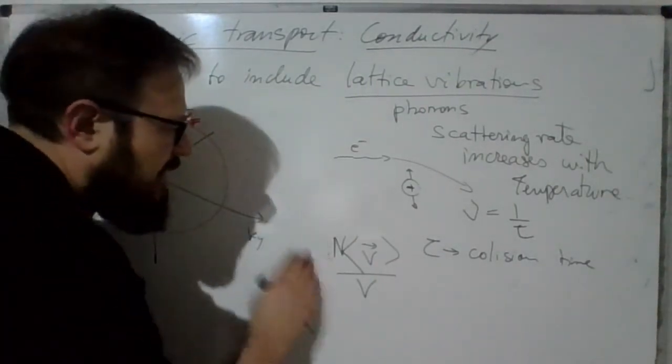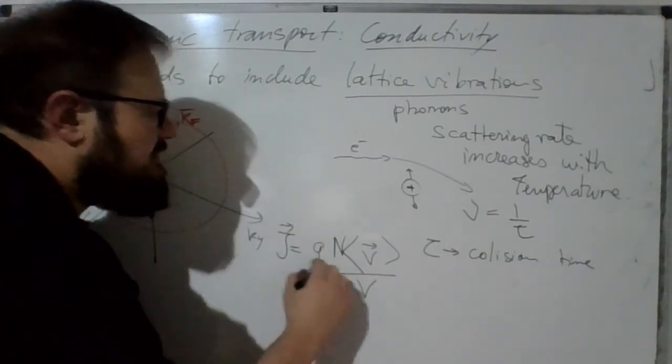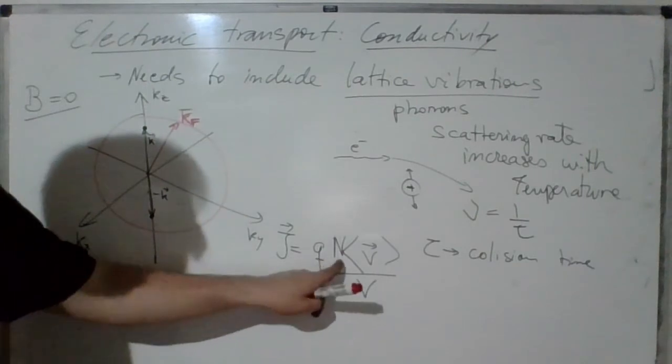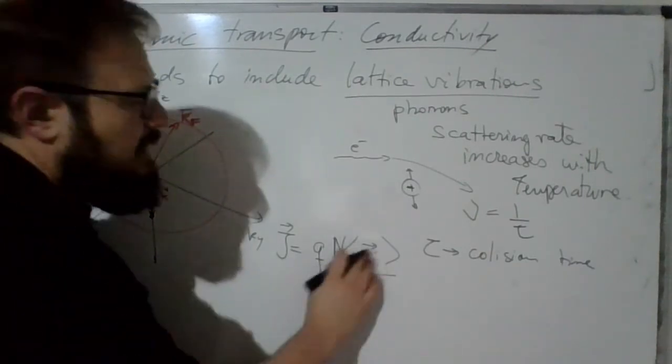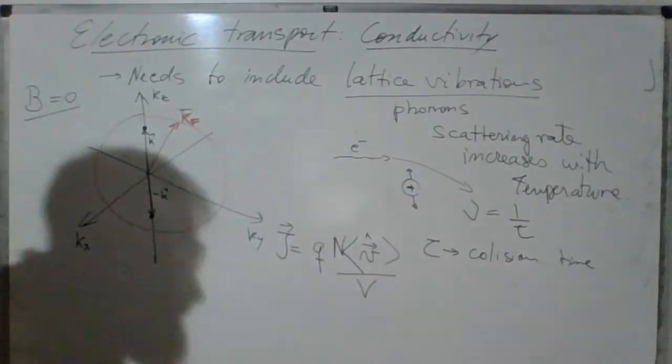Of course, it is times the electric charge of the particle. So charge, number of particles divided by volume, and the average of the velocity operator.